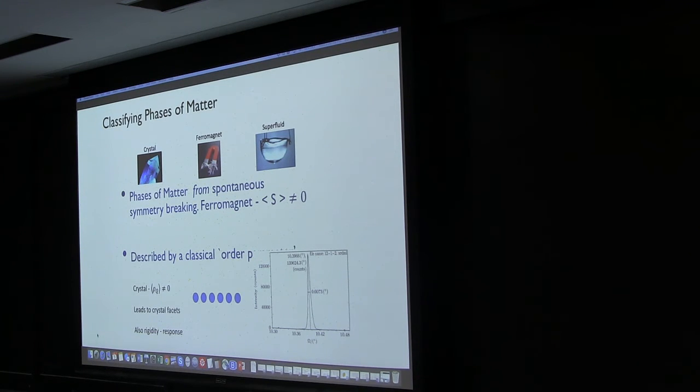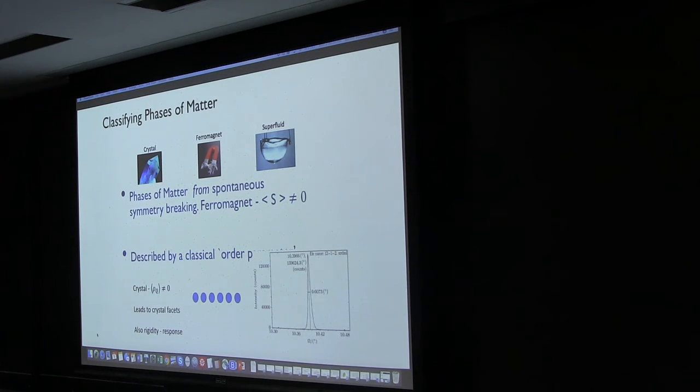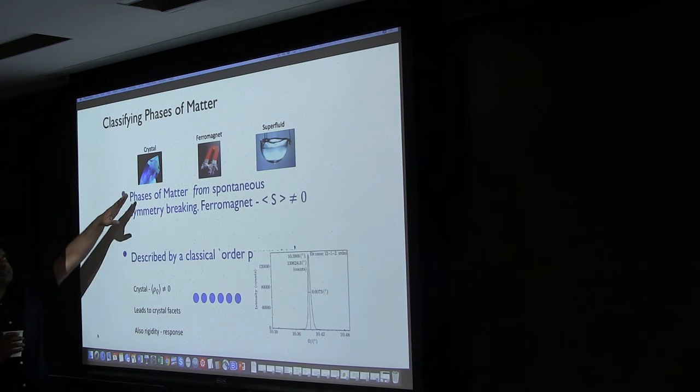But I can tell you what the idea was. Let's say in the 70s, maybe they didn't actually phrase it like this, but the idea was that you get different states of matter because you break symmetry. And if two states of matter have the same symmetry, it may not be obvious, but there's some way to connect them. Roughly speaking, that was the thought. So for example, we talked about a crystal.